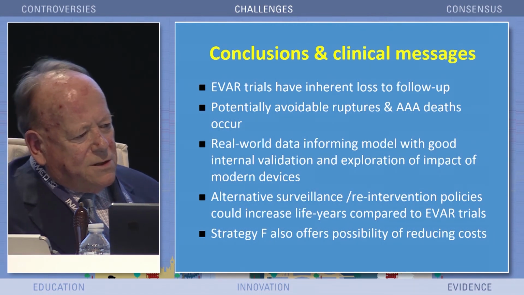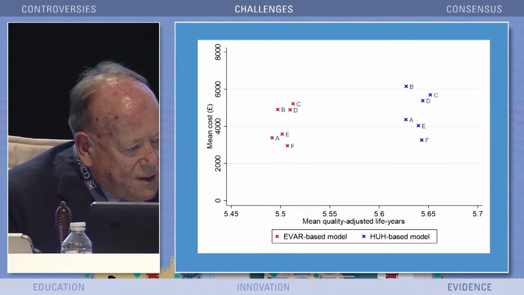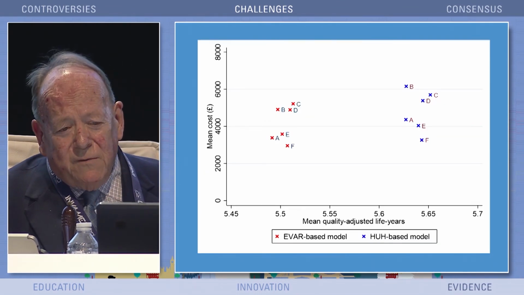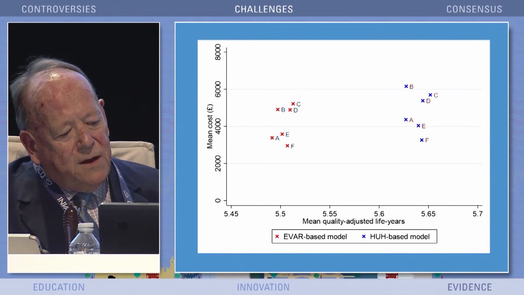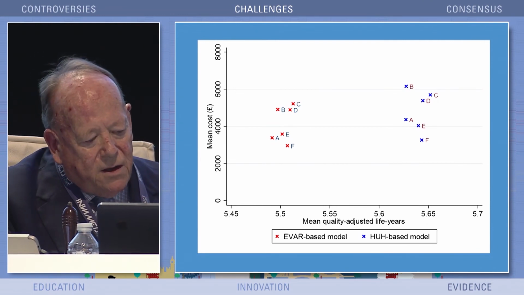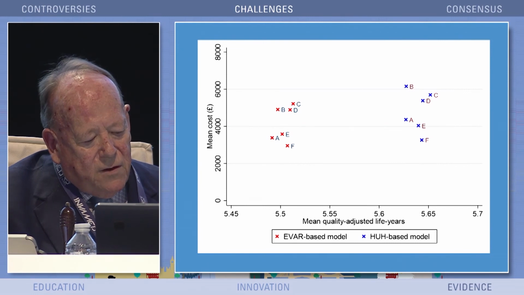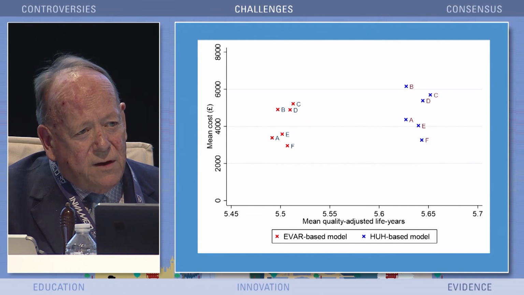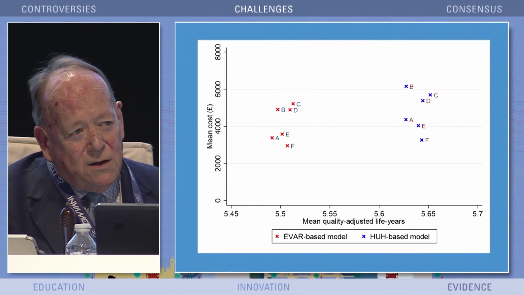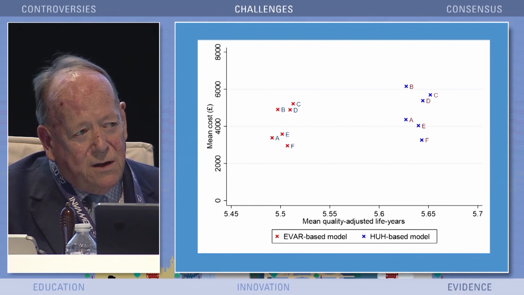Now there's one more slide. That's the one. I just wanted to re-emphasize this one, because here you'll see that in retrospect, on the left, those are the EVAR trial findings, and whichever of the follow-up protocols we trialists had designed at the beginning wouldn't have been successful.